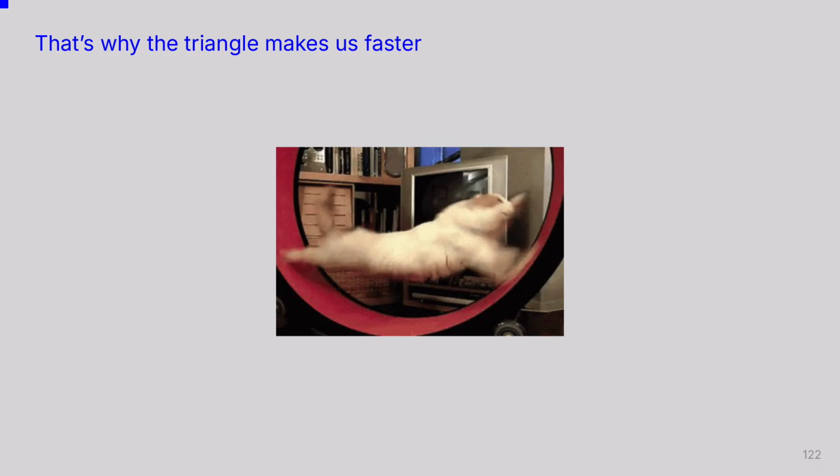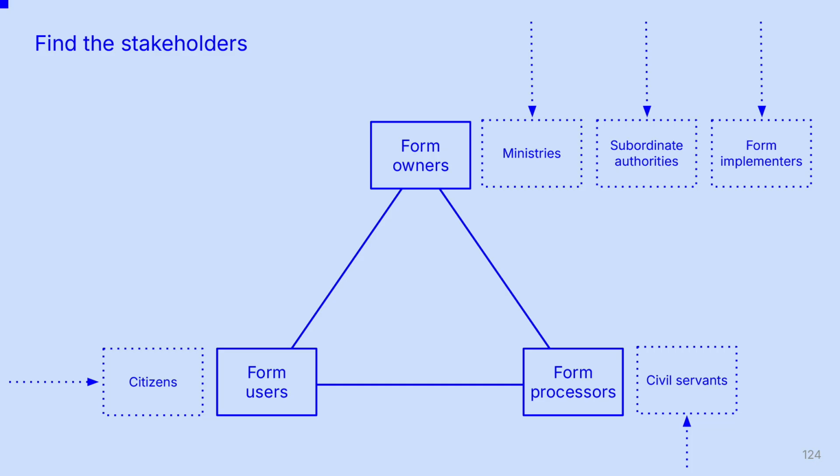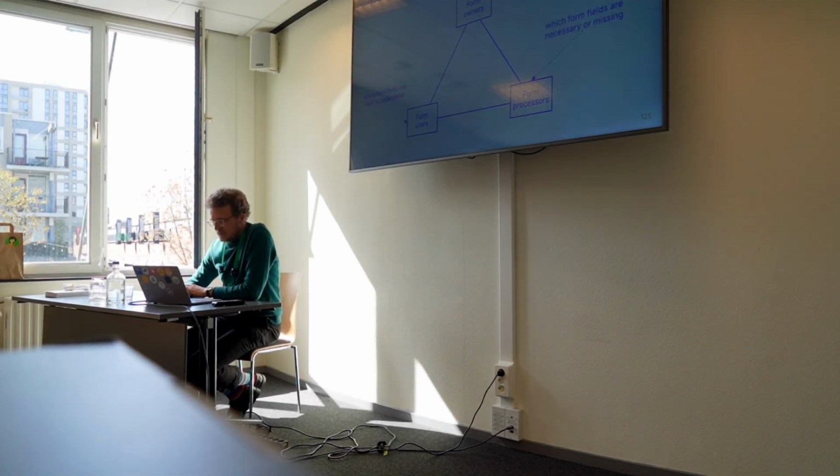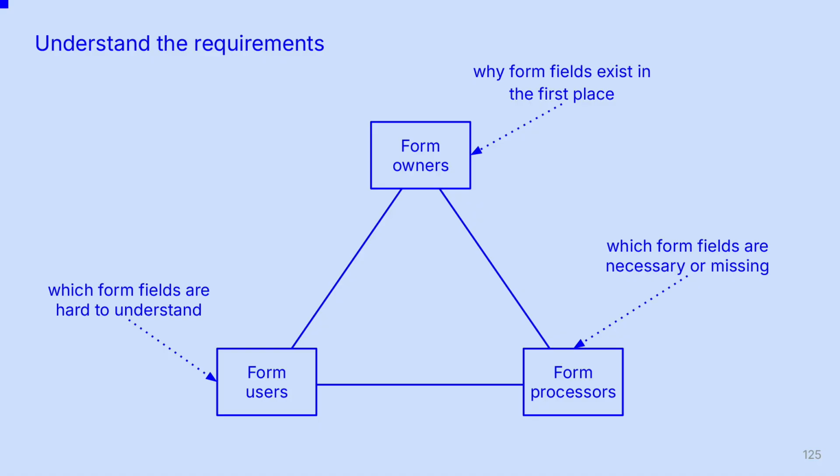Yeah, so I'm already at the key takeaways. Find the stakeholders wherever they are, and this is often, as I've shown in the tax example, not as clear as it seems, but even more crucial. And understand the requirements from all sides: why those form fields exist in the first place, which form fields are necessary or missing, and also which form fields are hard to understand.